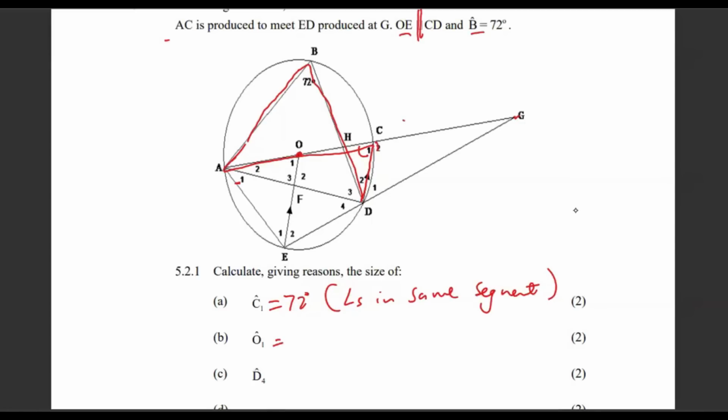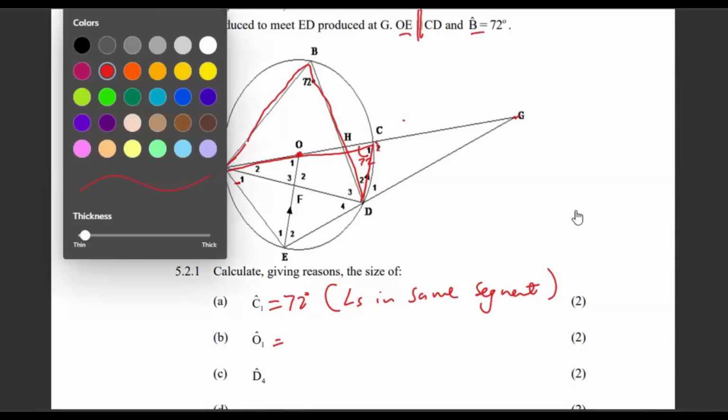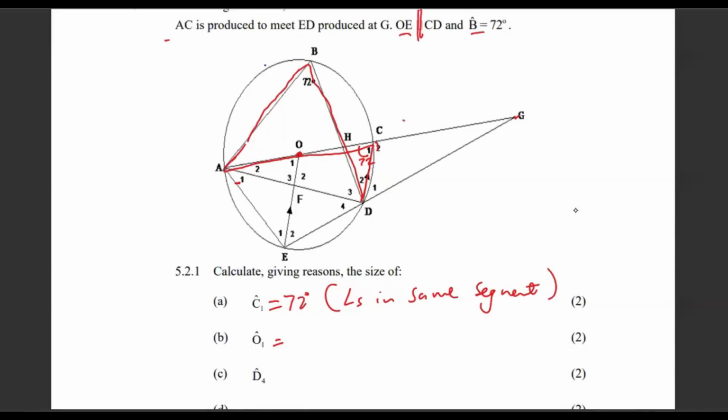Then if this is a 72, they want us to find O1. What do you see there? So this and that. So O1 is also going to be 72 because those are corresponding angles.